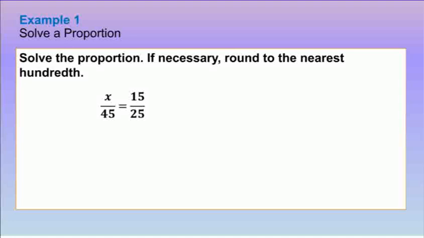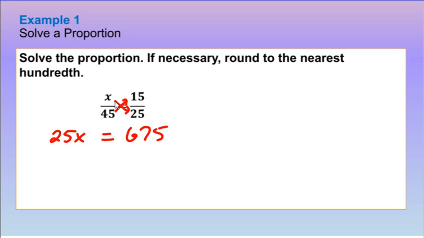The most common method when you have ratios equaling each other is to use cross multiplication. So if I do that, I would have x times 25, which is 25x, equaling 45 times 15, and 45 times 15 would give us 675.